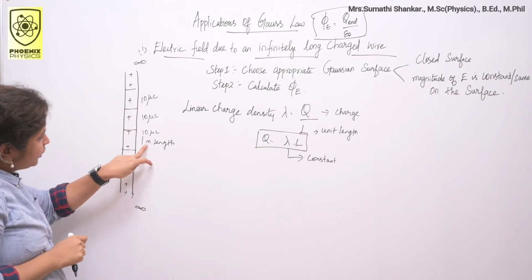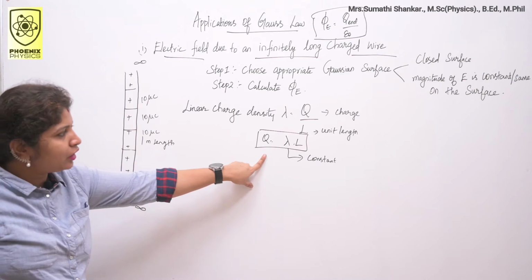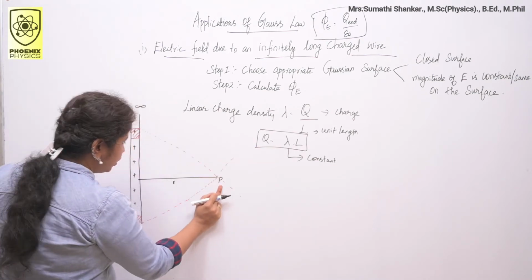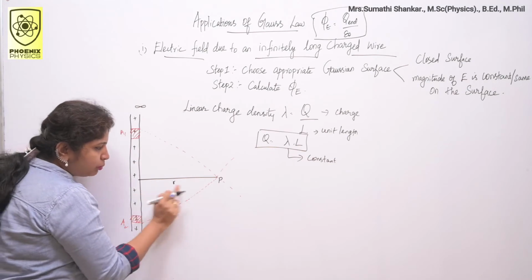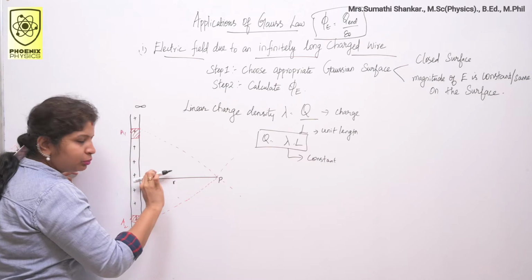For each segment, length and charges are constant. Lambda has constant value. Let P be the point located at a perpendicular distance R from the wire.